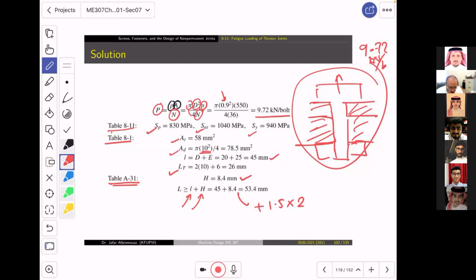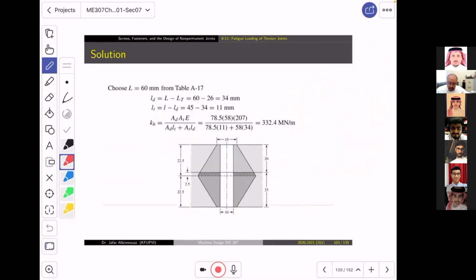If you do that, you will add a 3, so it will become 56.4. But the book decided to choose L60 from table A17, which is the standard table. So I am already adding multiple threads to the bolt.